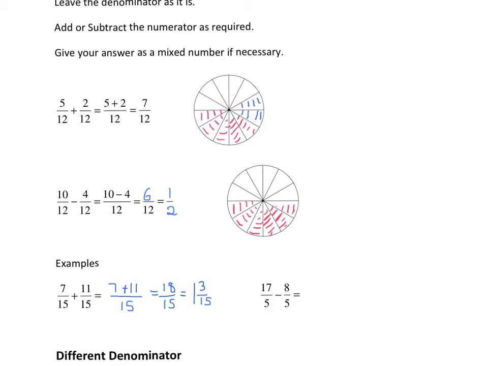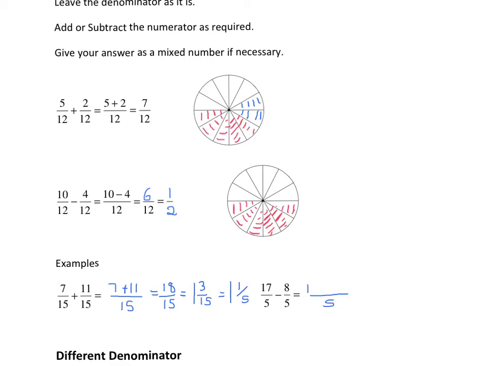But you should see that there's a common factor of 3 in that fraction, so we can cancel through or simplify the fraction, and 3 divides into 3 once, 3 divides into 15 5 times. So the answer is 1 and 1/5. Similarly, for the next one, we know that the denominator stays as 5.